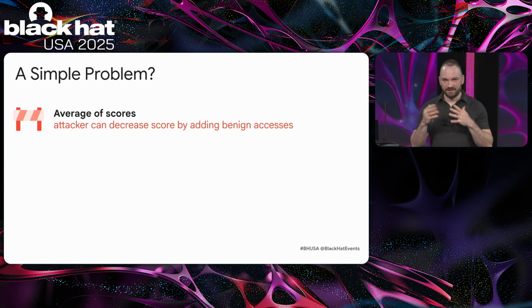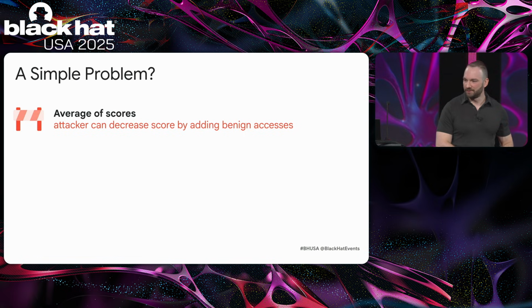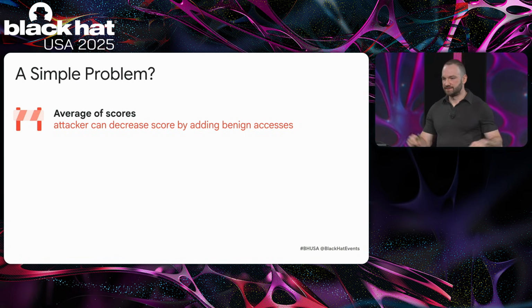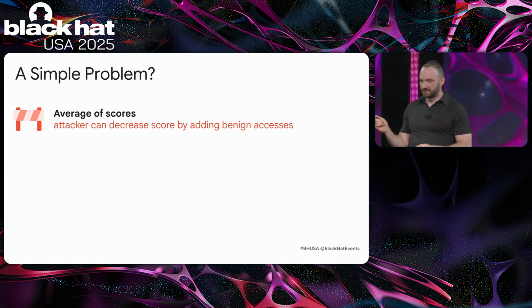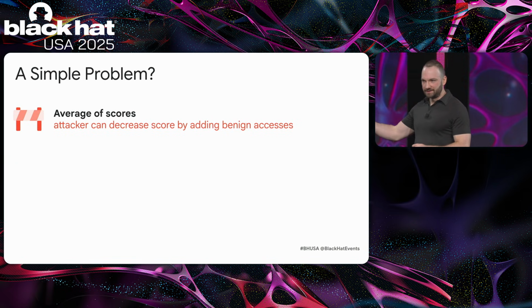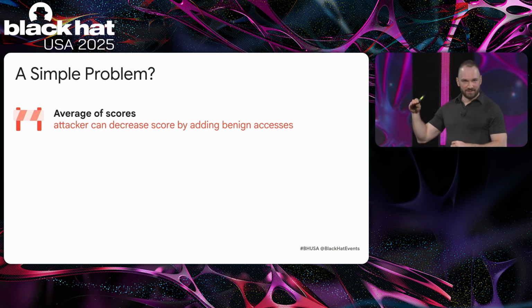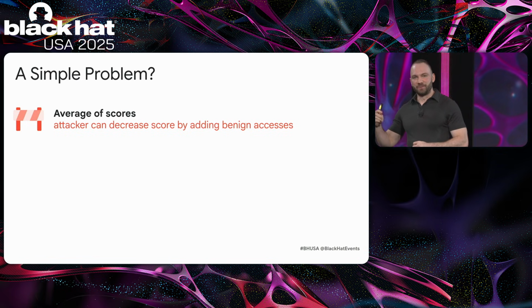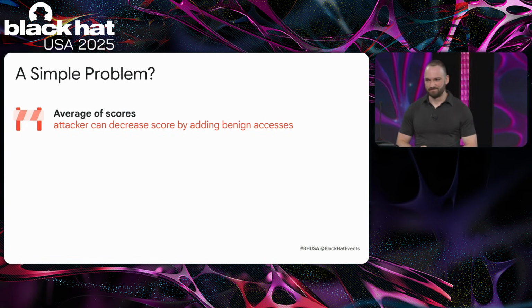So the first thing we might think of is, well, let's just average the scores. We have all the scores. We just sum them, and we divide by the number of accesses. That's going to be very problematic, because that would allow an attacker to hide their malicious accesses by performing a large volume of good accesses or low-scoring accesses.